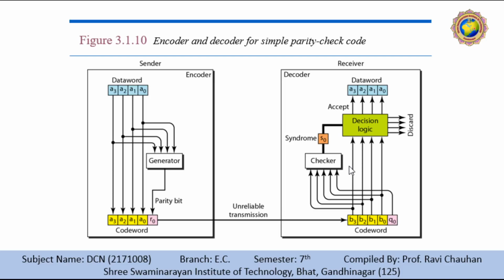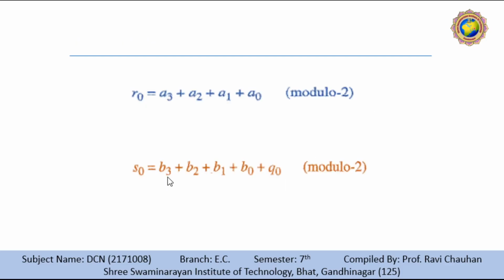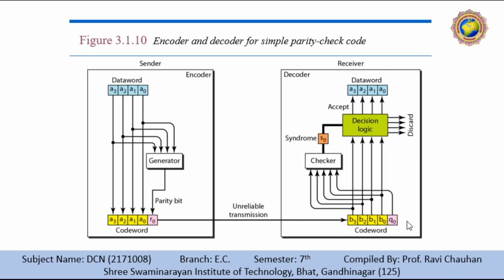The result, which is called the syndrome, is just 1 bit. The syndrome is 0 when the number of ones in the received code word is even, otherwise it is 1. So S0 = B3 + B2 + B1 + B0 + Q0, as we receive these bits.